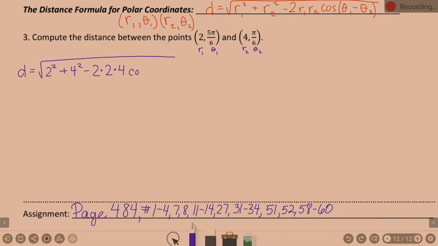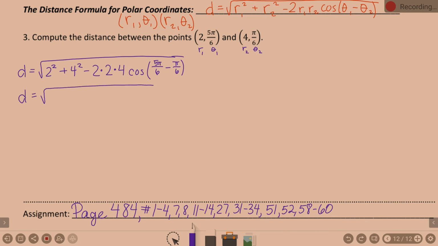Then it's times cosine of theta 1, 5 pi over 6, minus theta 2, pi over 6. Okay. From here, it's doing the cleanup.